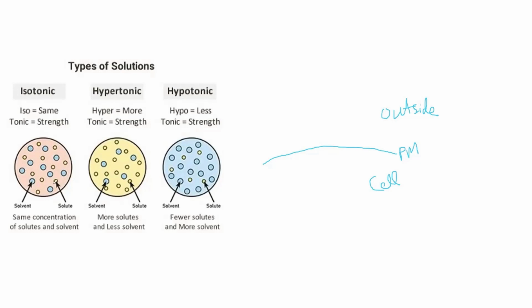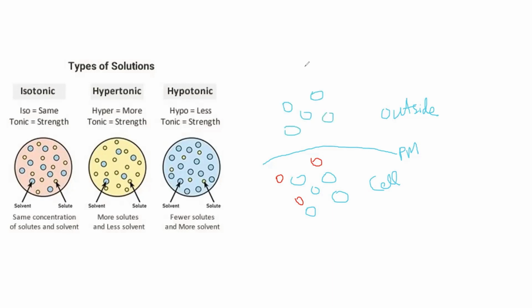So these are isotonic solutions or an isotonic environment, which means, let's say there are 5 water molecules here, right? And there are 3 solute molecules, fine. So this is the inside of the cell. So what will be its isotonic external environment? Isotonic external environment means that there are 5 water molecules outside and 3 solute molecules outside, right?